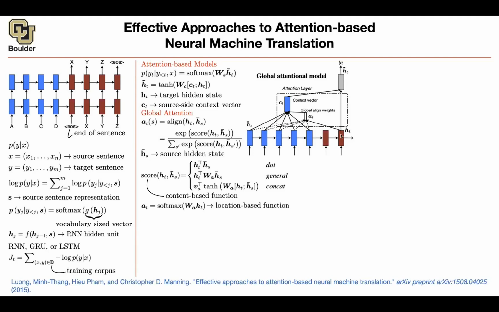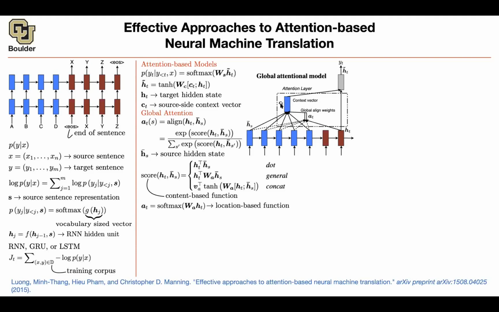Pairs of HT and H bar S are going to give you your scores, and once you know your scores, they are going to give you your attention vector. So it's going to give you a global attention, a vector whose elements add up to 1. And then to form CT, you take an input from here, multiplied by this element of the vector, another input multiplied by another element, add them all up, and that's going to give you CT.